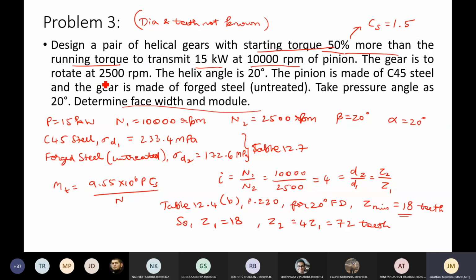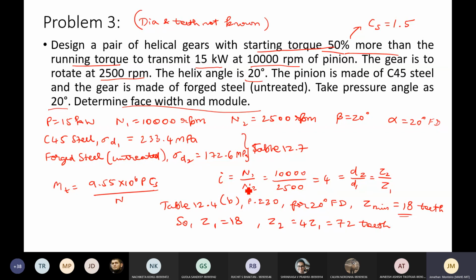Then the helix angle is 20 degrees, and the materials we have already seen and classified, sigma D1 is 233.4 and sigma D2 is 172.6. Now the pressure angle is 20, which is what we usually take, and since it is not given, you can assume full depth. We need not go for a stub teeth combination.